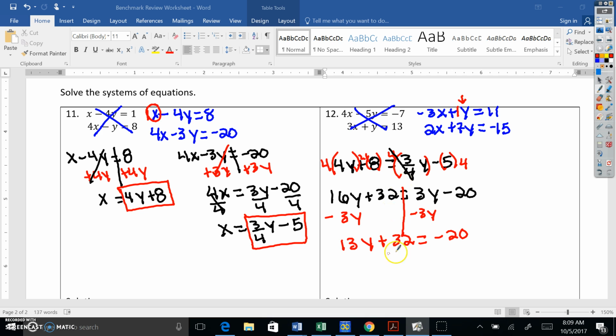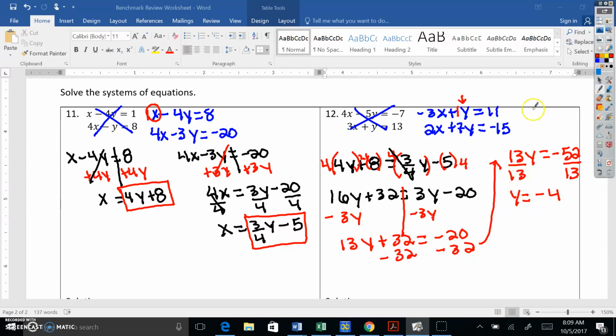And I'm going to go ahead and take away 32 from both sides. So I have now 13y is equal to negative 52. And I now need to divide by 13. And if I divide negative 52 by 13, I'm going to find that y is going to equal negative 4.